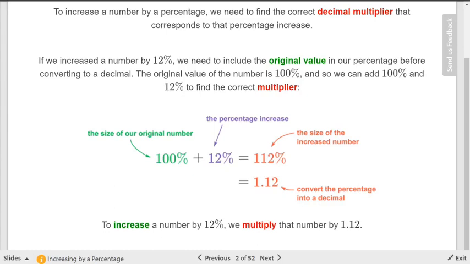Okay? And to increase the number by 12%, we're going to end up multiplying by 1.12. Now, do you have to change it to 1.12? No, because everybody got your calculator? Pull them out for a second. Get them out. Look at them. All right. Remember, you're supposed to have that ready to go. Now, you don't need to add 112 in the calculator, but if you do it, I don't care.